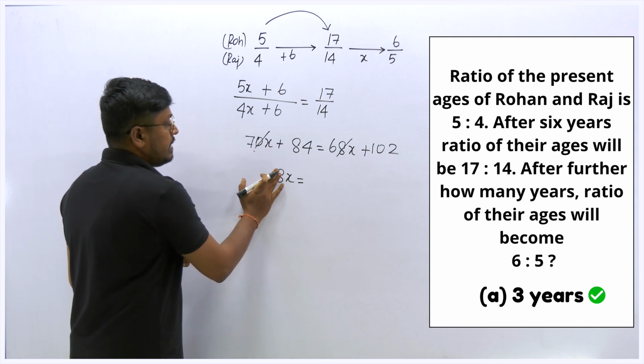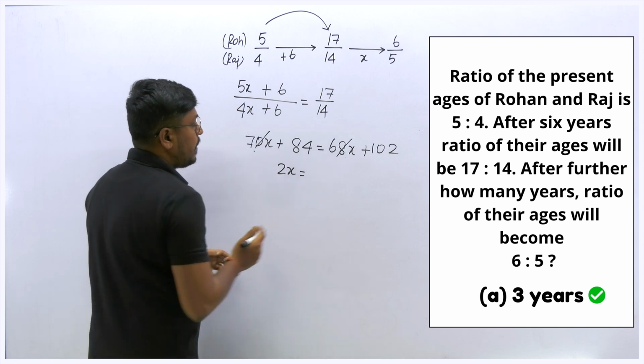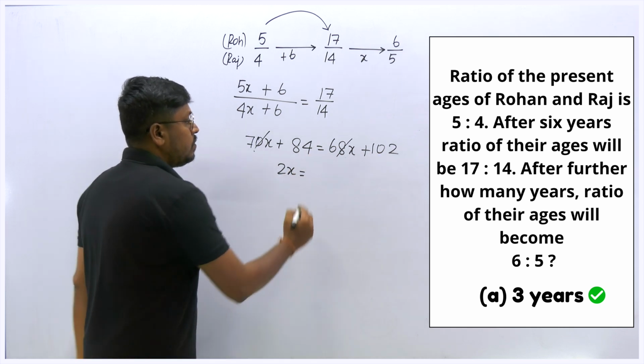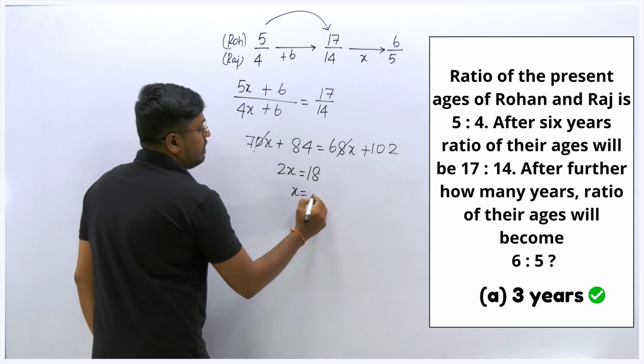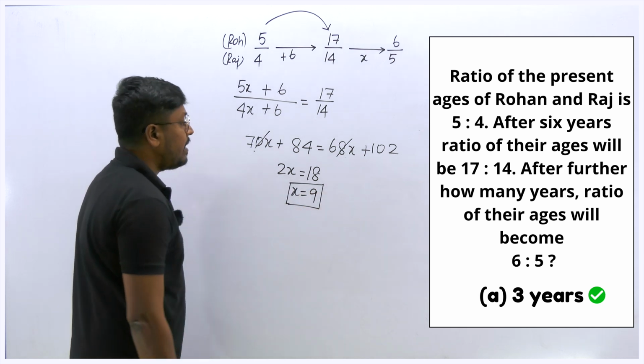So 70x and 80x will be 2x. I'm really sorry, this will be 2x. So now we have 84 and here we have 16, which gives 18. So x is equal to 9. So finally we got the value of x as 9.